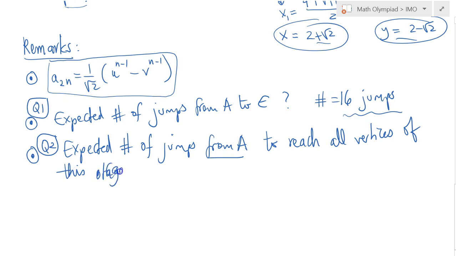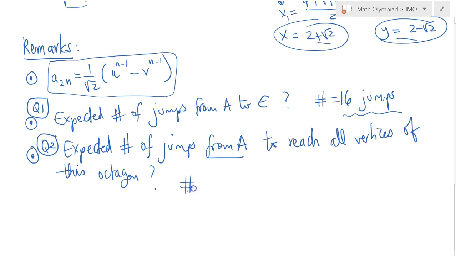Obviously, because we start at point A, we already discovered one of the vertices, so there's still 7 more vertices to discover. Now the question is, how many jumps will it take us on average to discover all the vertices?